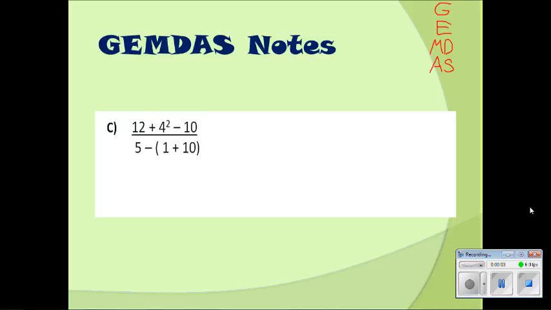This final example uses a large fraction bar to show many operations on the top in the numerator and some more operations in the bottom in the denominator. Pause for a moment and try this problem on your own. All right, good job. Let's go over it to make sure everyone's good.